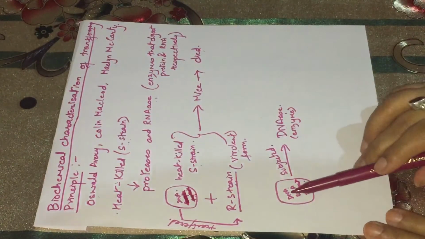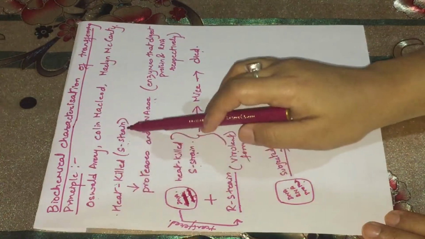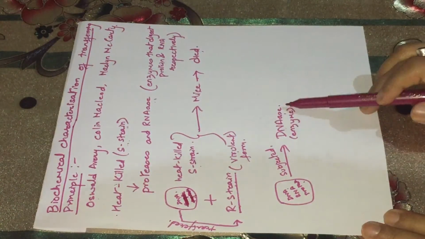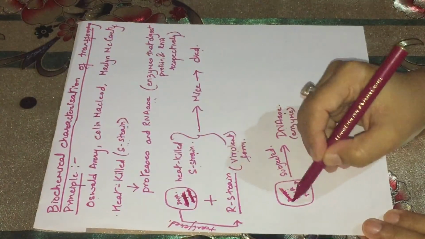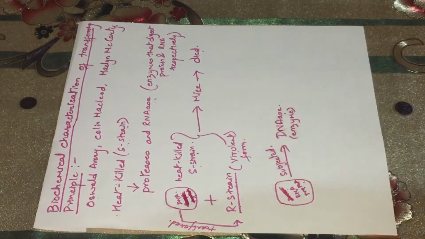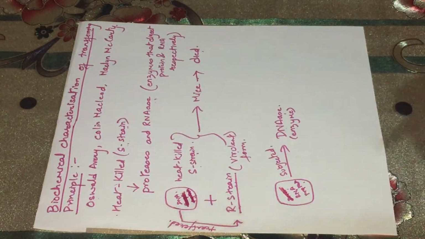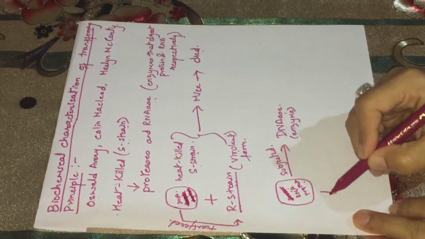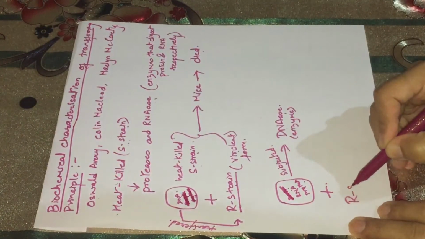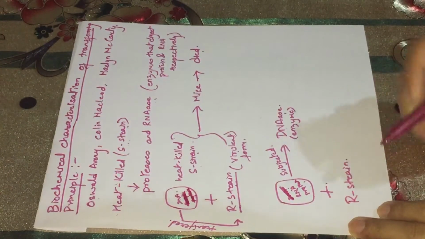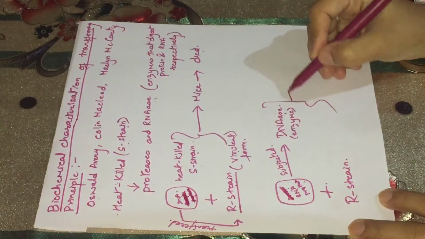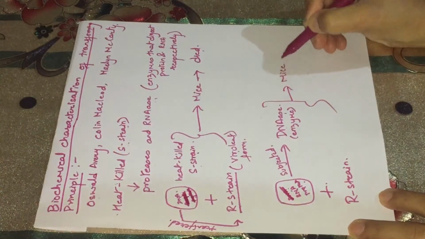When they subjected this heat killed S strain bacterial cell to the enzyme DNase, DNA was digested, and only RNA and protein were left. Then, along with the R strain bacteria, which was non-virulent, they again injected it into mice.